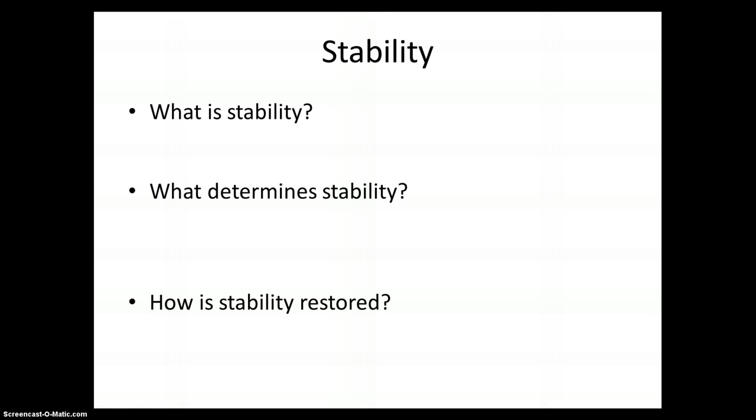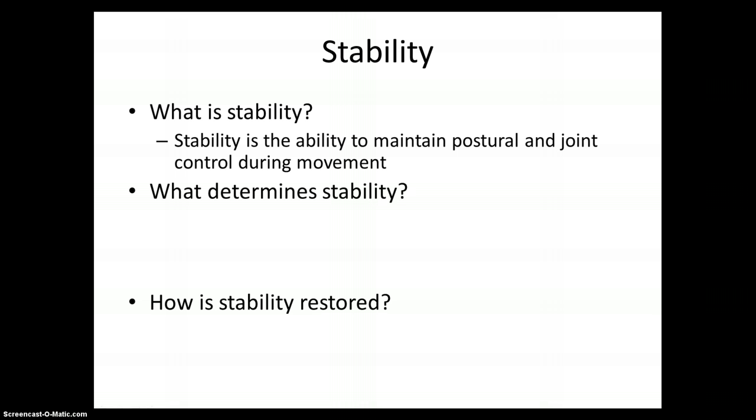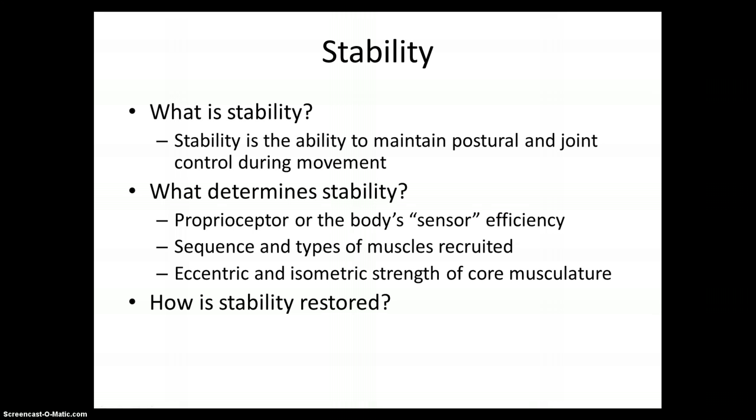Stability. What is it? What determines it? And again, how can stability be restored? Stability is the ability to maintain postural and joint control during movement. This goes beyond just simple balance as we may think stability actually defines. To determine this, the proprioceptors of your body must be efficient.